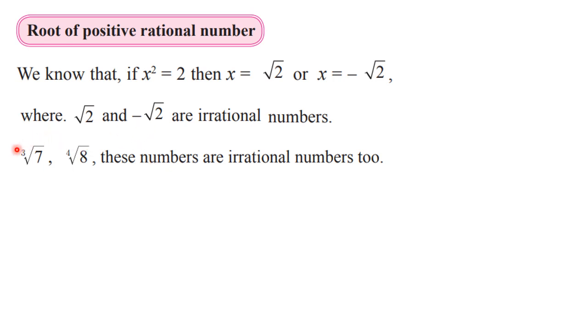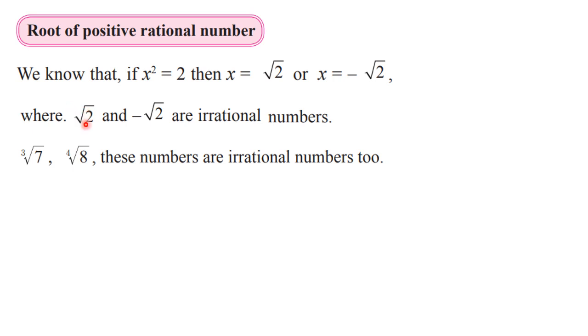Similarly, we can think of numbers like this. This is called the cube root of 7. You have studied this in 7th standard and 8th standard. This number gives us the order. Here nothing is seen, so the order by default is 2.